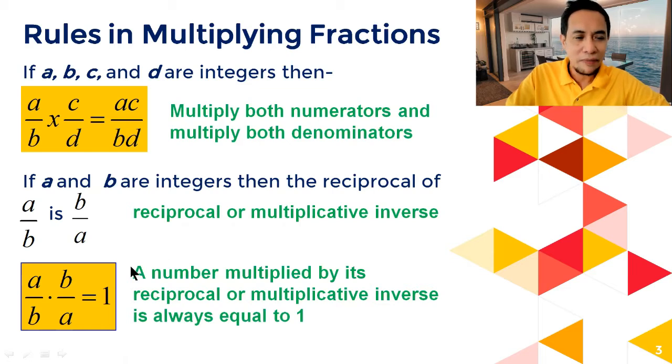A over B times B over A is equal to 1. Meaning a number multiplied by its reciprocal or multiplicative inverse is always equal to 1.